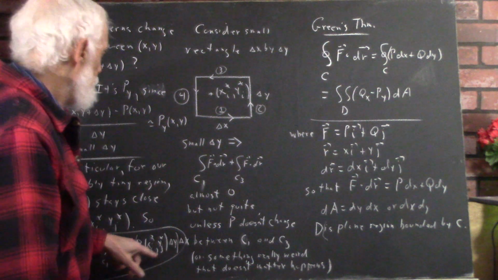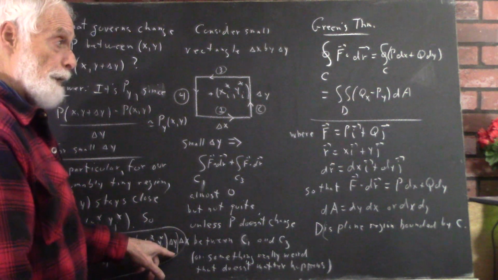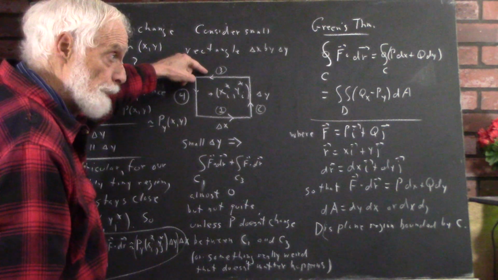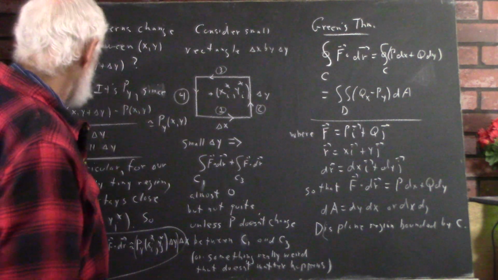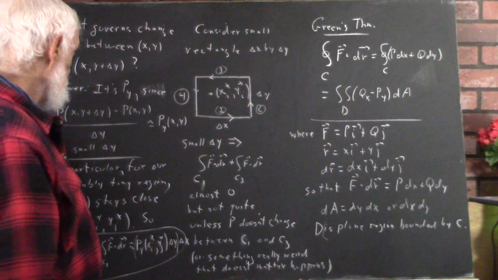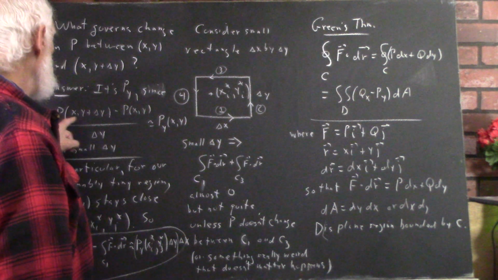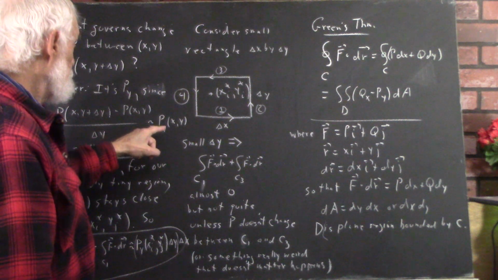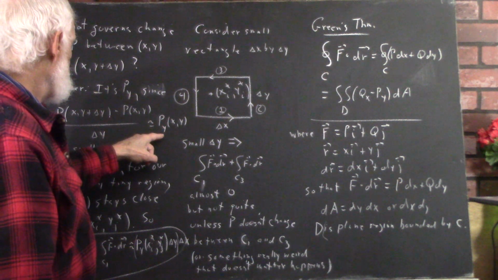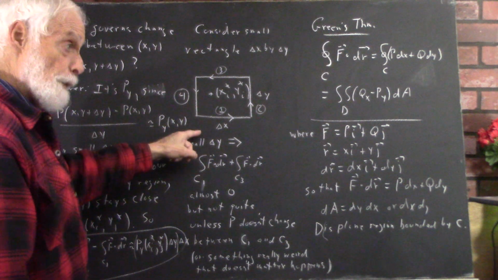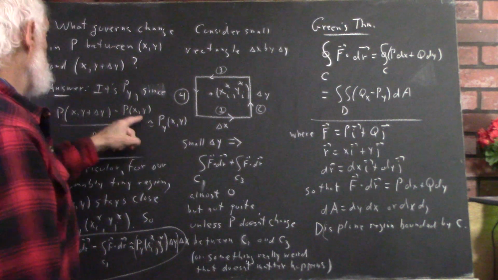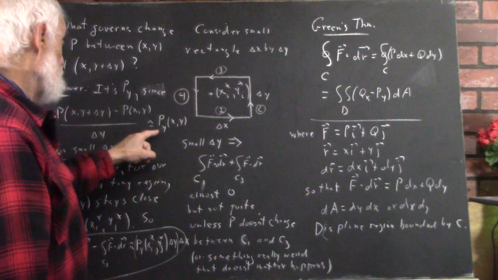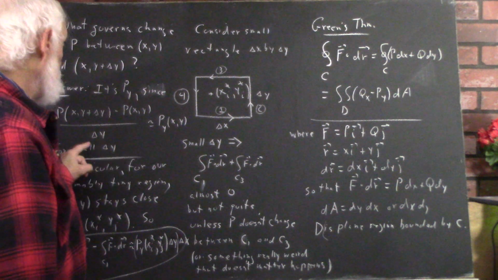You multiply the Py by delta y to get the difference between the function down here and the function up here. That's a direct result of this, that P of (x, y plus delta y) minus P of (x, y) is approximately equal to Py of (x, y) times delta y. So if you want the difference in the values of P, you multiply the Py by delta y.